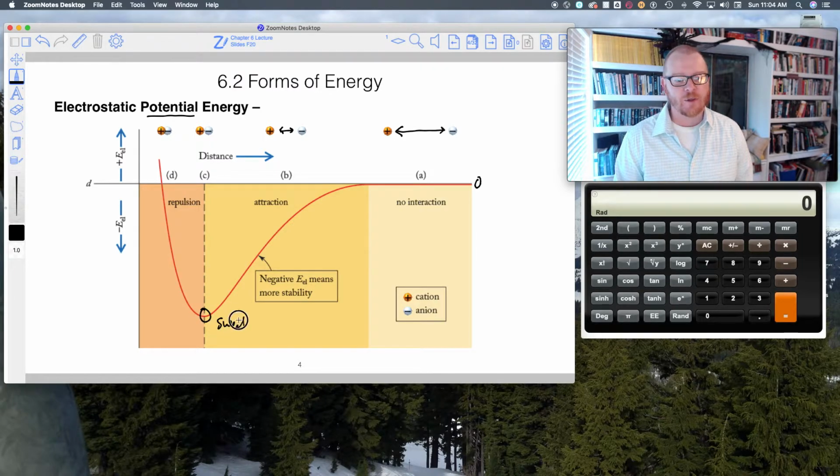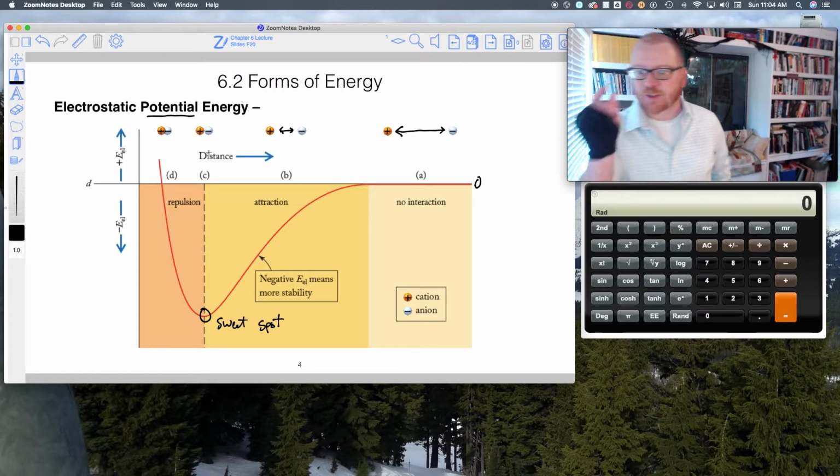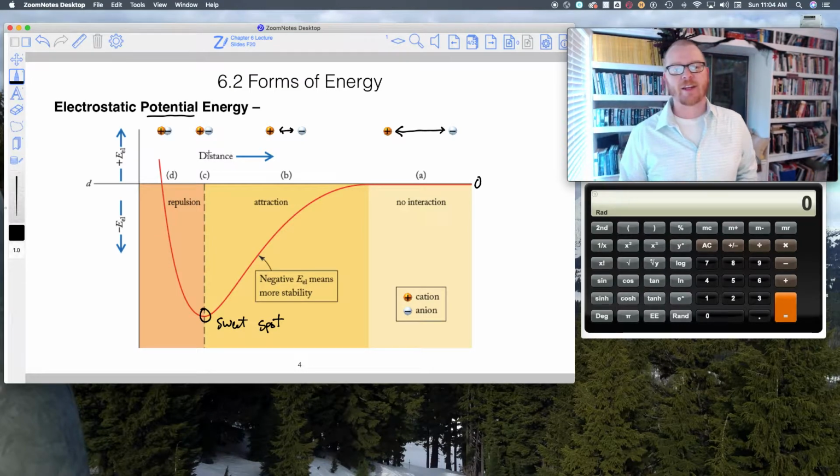I like to call this the sweet spot, where the positive and the negative are at this, let's call it a magic distance, a little sweet distance right there, where the electrostatic potential has come to a minimum. Okay? Well, this sweet spot would give us the bonding pattern between those two ions, right?